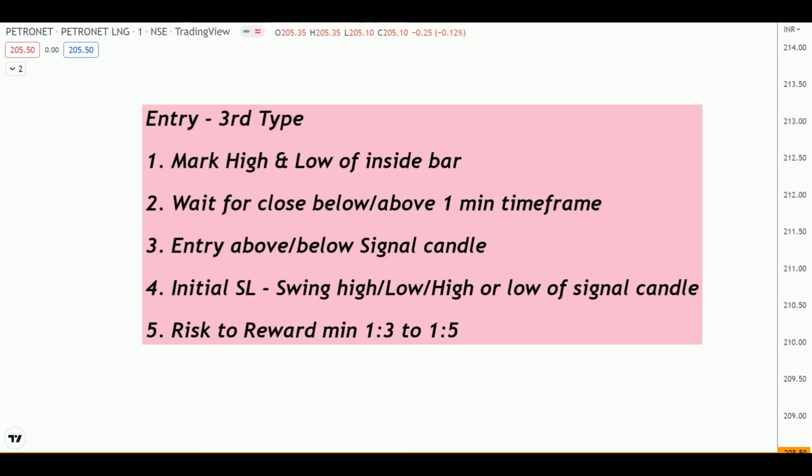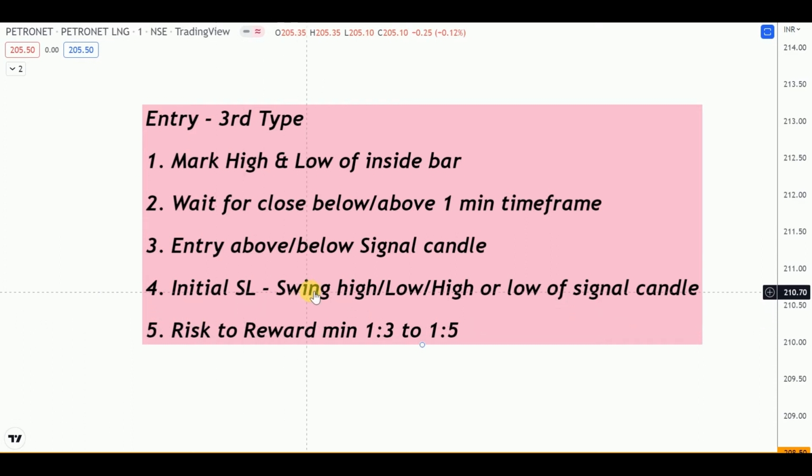The fourth element, which is the most important element while trading, is where to put our stop loss, because the stop loss is going to give us a good risk to reward ratio. For stop loss, I have around three methods.